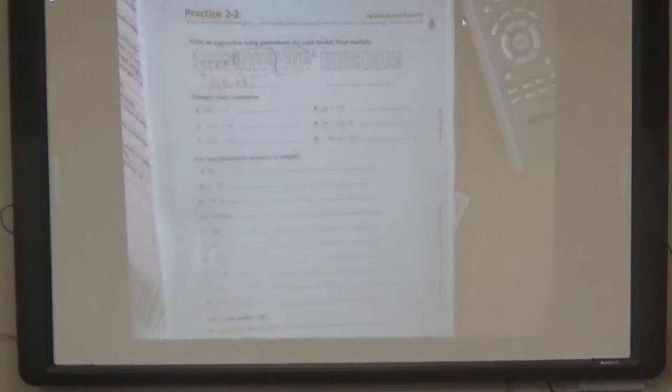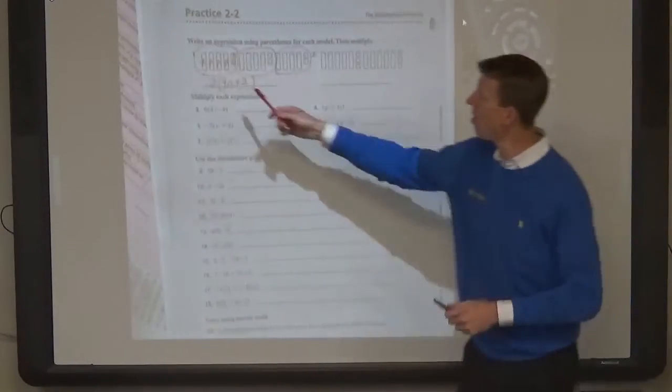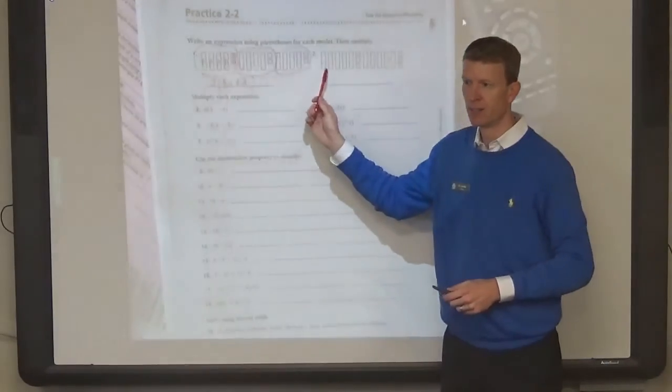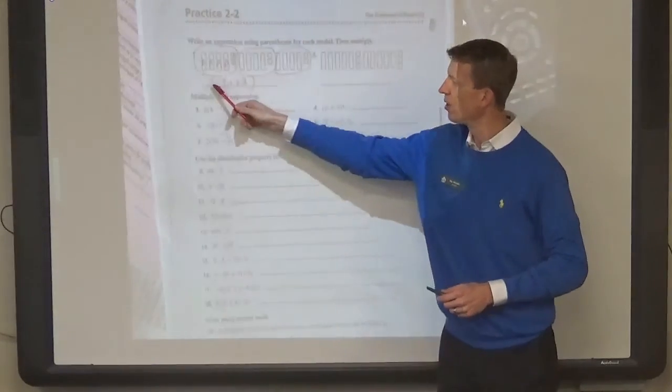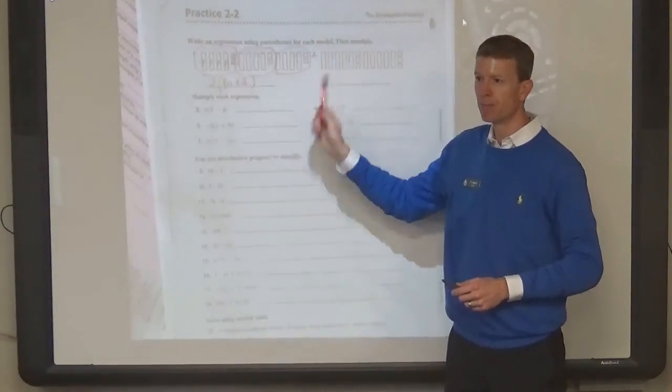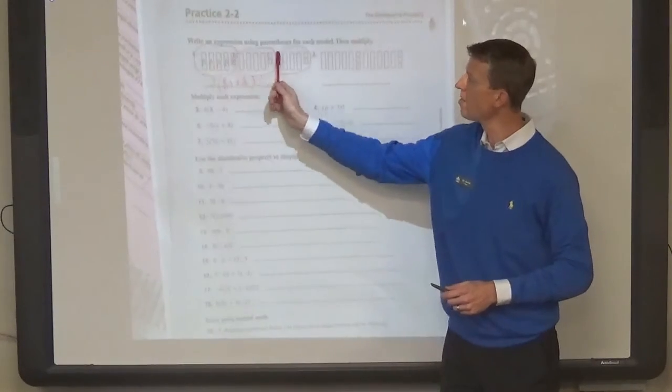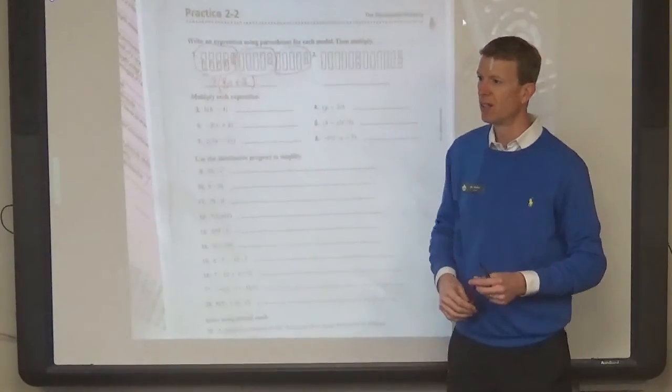Yep. Now, when you multiply that, how many n's do you end up with? How many total n's are there in the whole model? 12, right? You can tell by the numbers and you can count them up. How many single ones are there in the whole model?